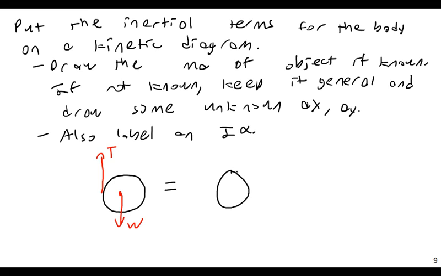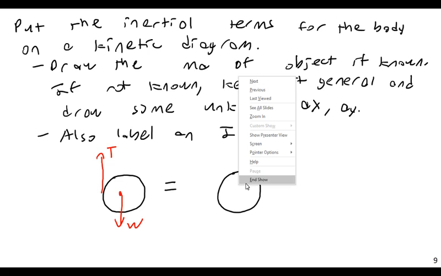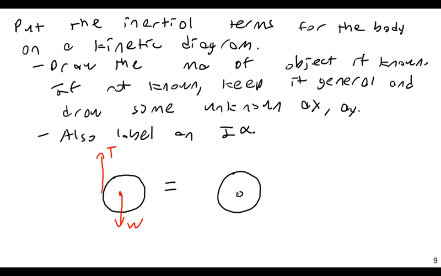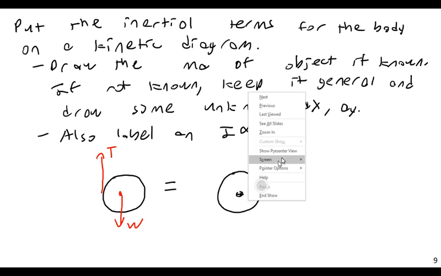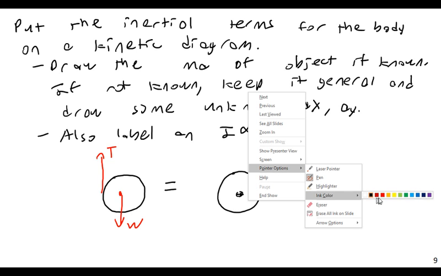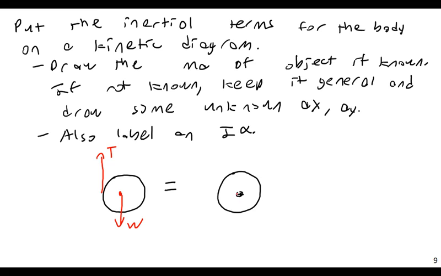This must come to the same thing, the inertia. So the forces must equal the inertial terms, which I would have at my centroid here: m ax, m ay, and I alpha.